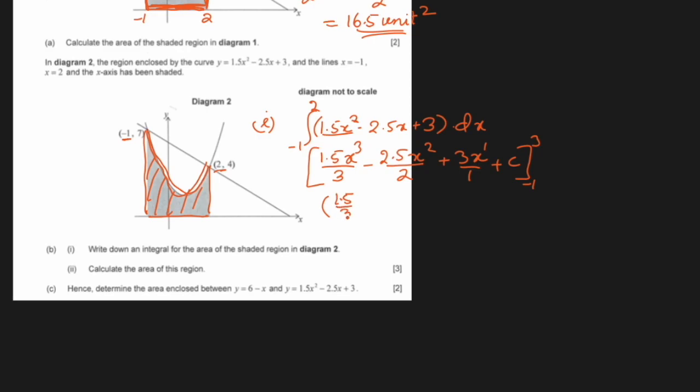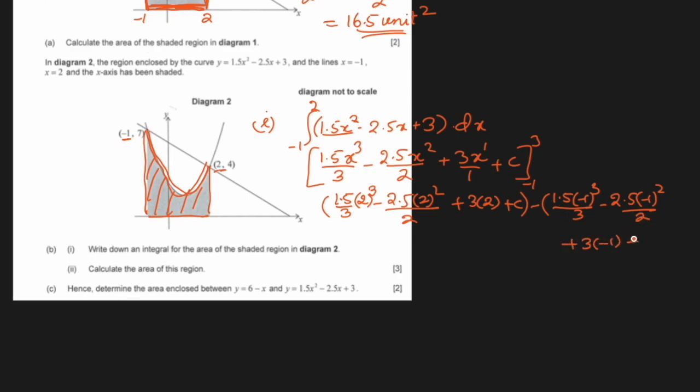1.5 over 3, 2 will be replaced first, 2 cubed, minus 2.5, 2 squared over 2, plus 3 times 2. No need to write c, but since it is there, I'm writing it, it will be cancelled out. Minus 1.5, negative 1 cubed over 3, and minus 2.5, negative 1 squared over 2, plus 3 times negative 1 plus c.